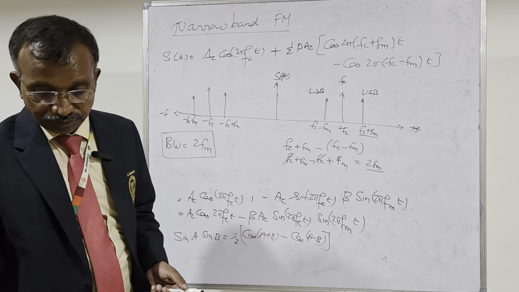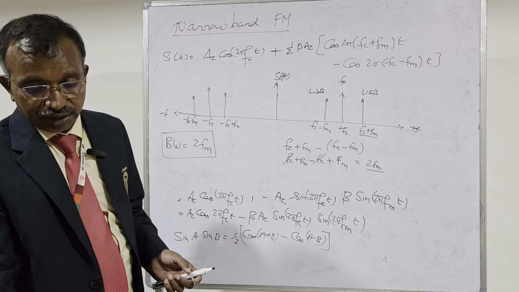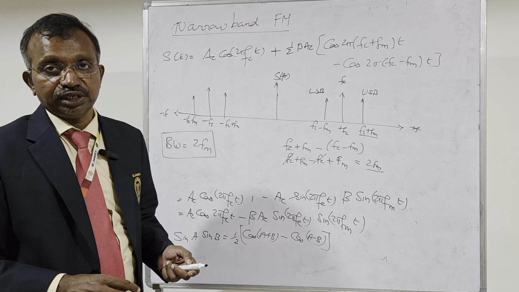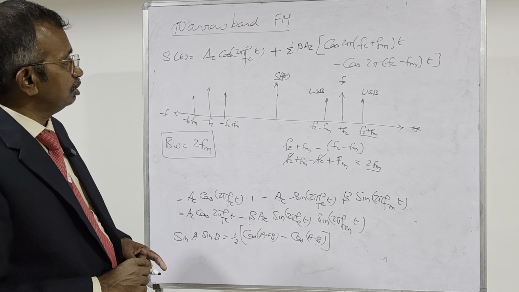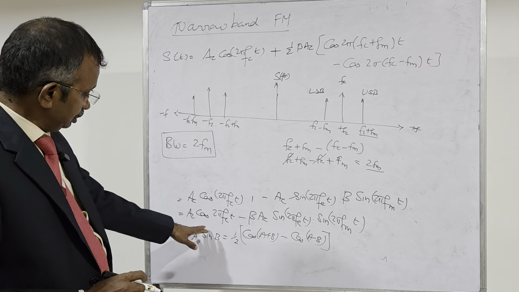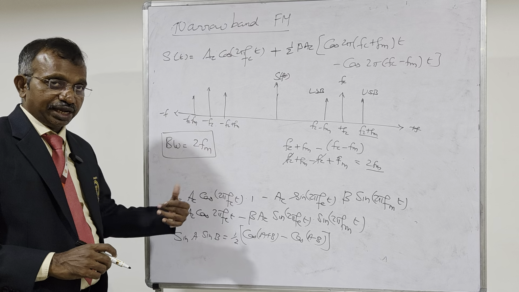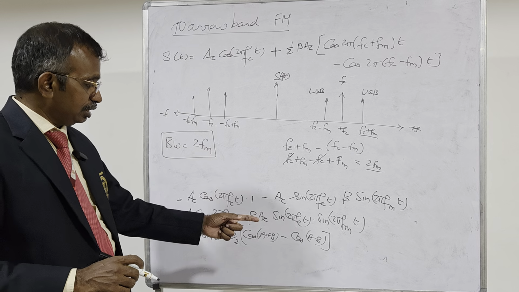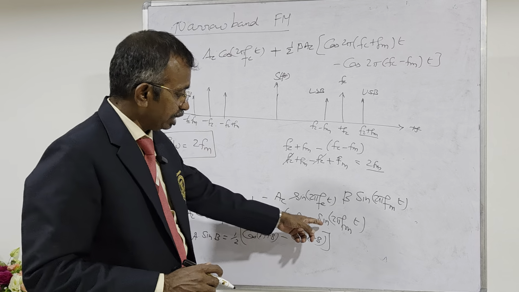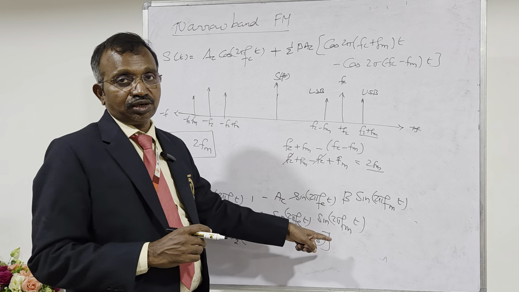So how to generate this particular narrowband FM signal? For that, you can draw the block diagram from this particular equation. Ac cos 2πfct is the unmodulated carrier, so directly we are taking the carrier. I have taken the message signal as cos 2πfm t, so that I am getting this particular term, sin 2πfm t, by integrating the cosine term.